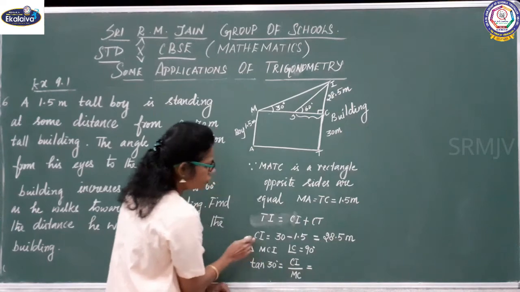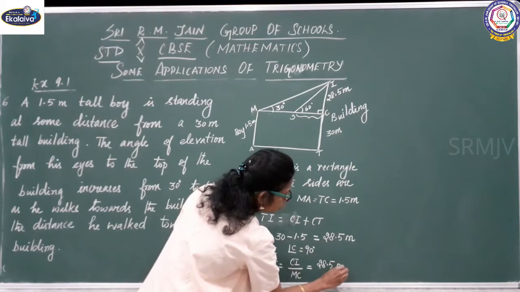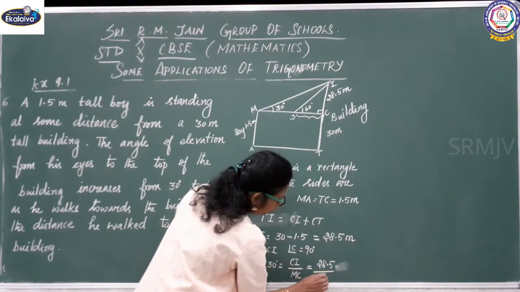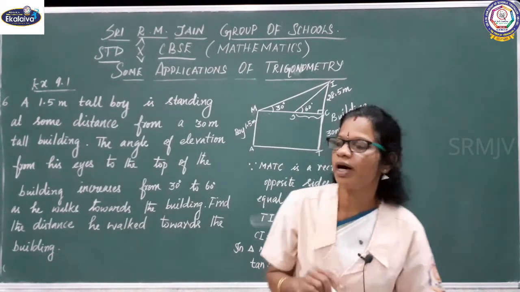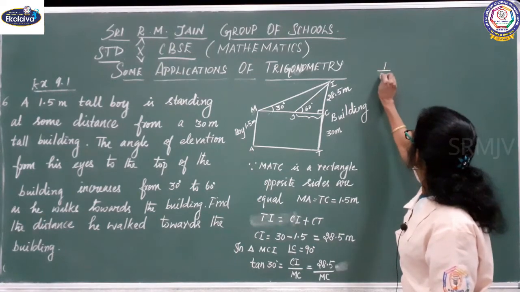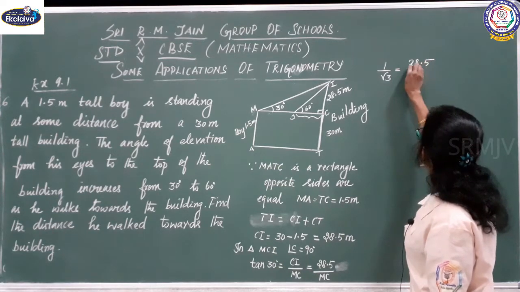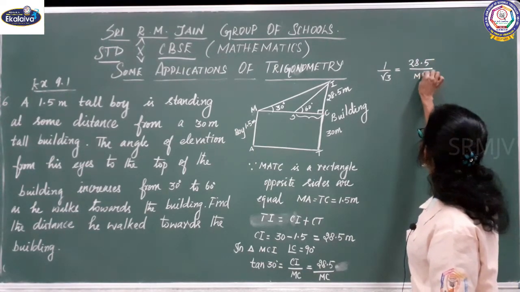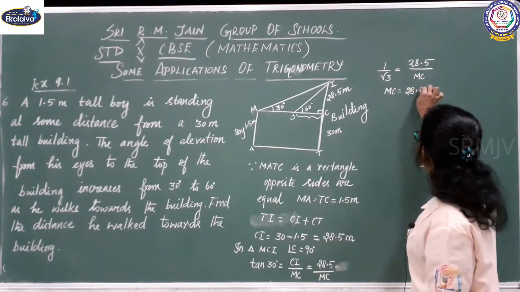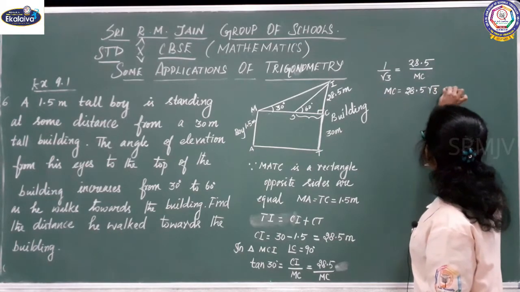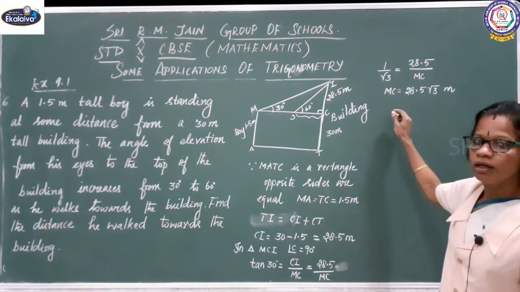What is CI? We got 28.5 meter, so 28.5 divided by MC. Then what is tan 30 degree? 1 by root 3. 1 by root 3 equal to 28.5 divided by MC. So what is MC? MC equal to 28.5 root 3 meter.